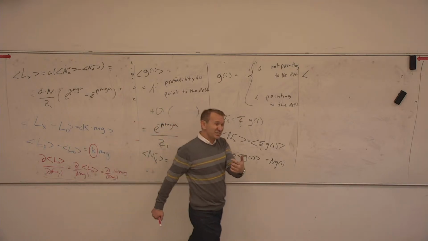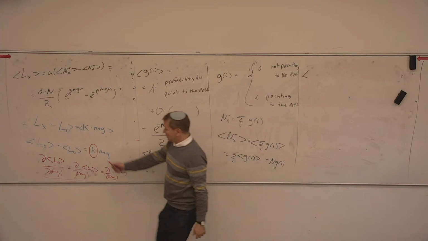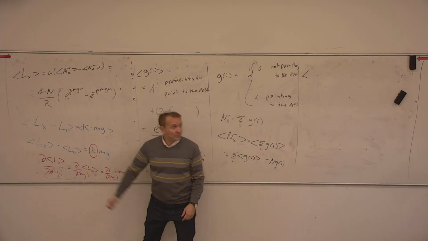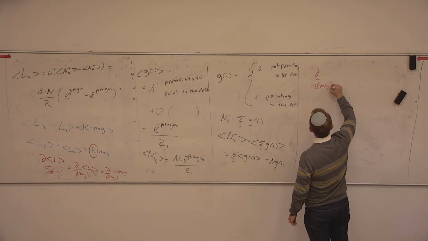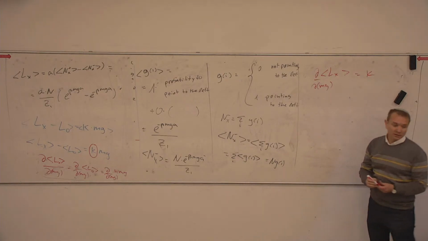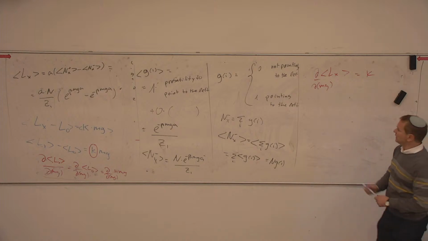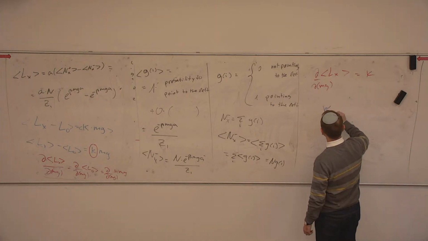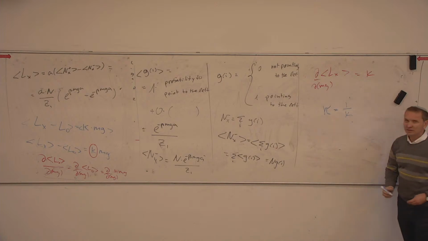I know it's not dependent on mg, so when I'm taking derivatives, this is simply 0. So what I have is that d with respect to mg of Lx average equals K. Now usually what is calculated is kappa, the elastic modulus, which is 1 over K.